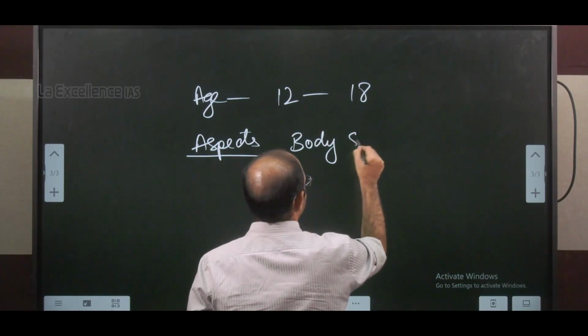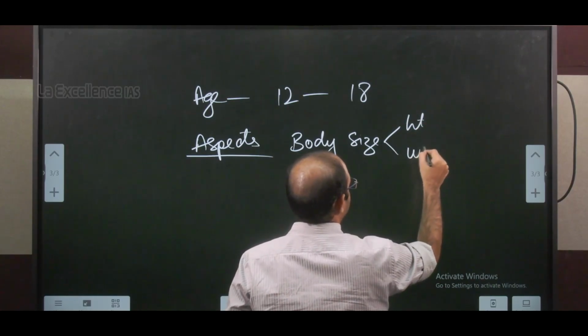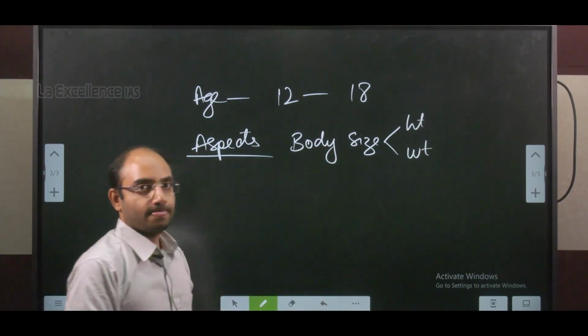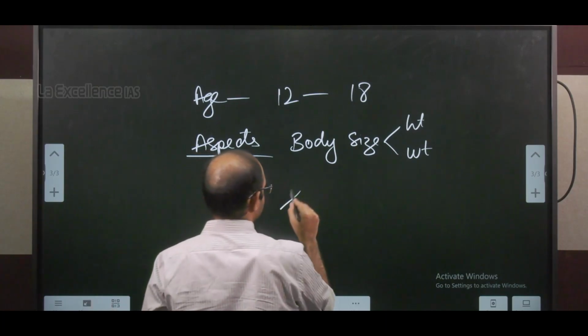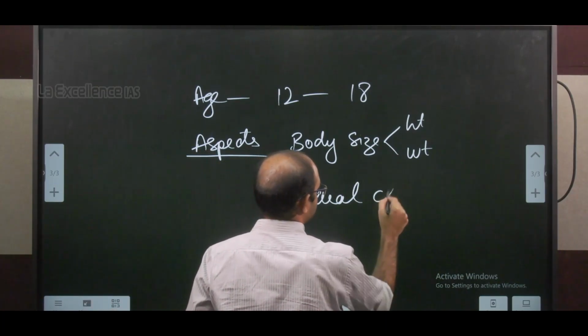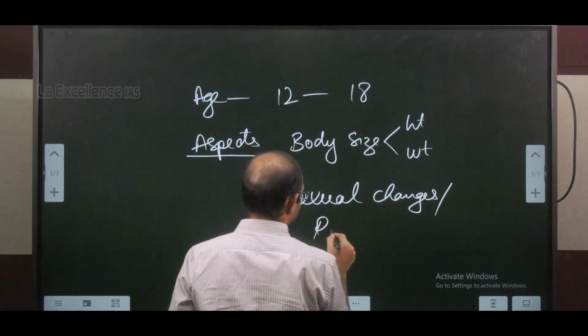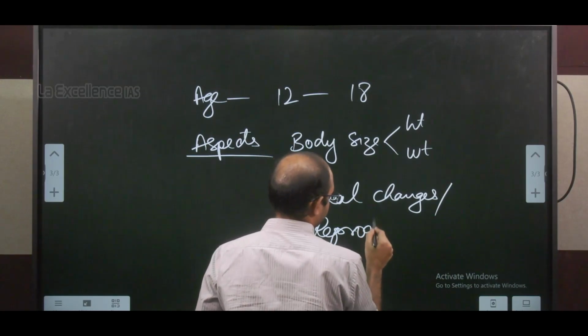So discuss how you have changes in body size, especially height and weight. And then during adolescent growth spurt, you also have sexual changes or reproductive development.